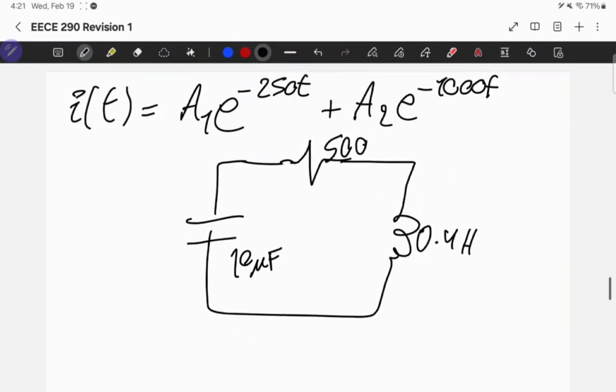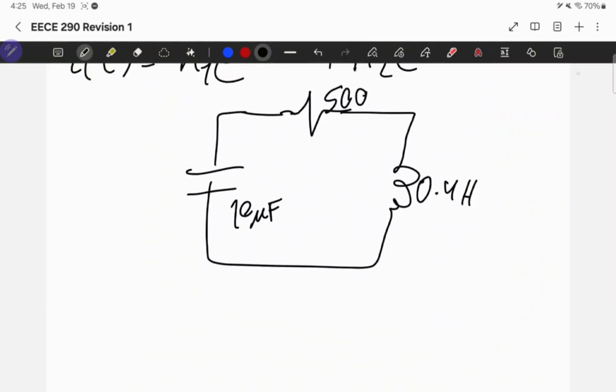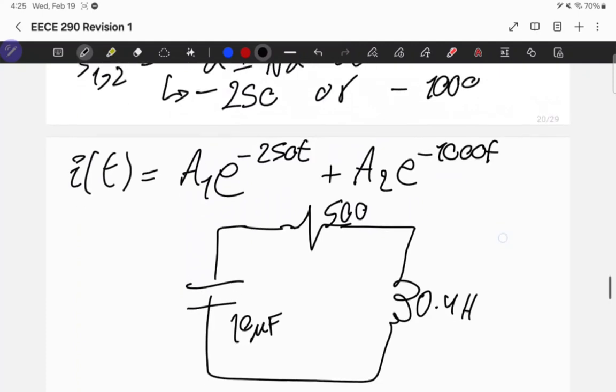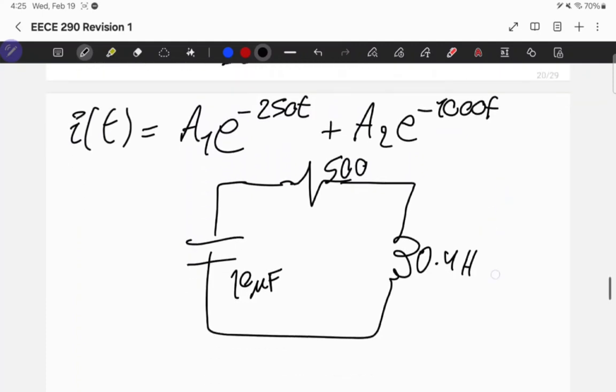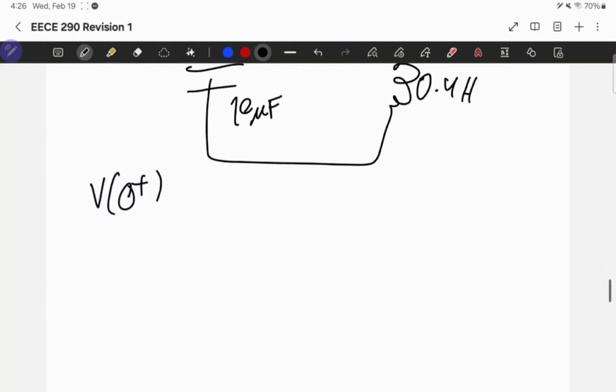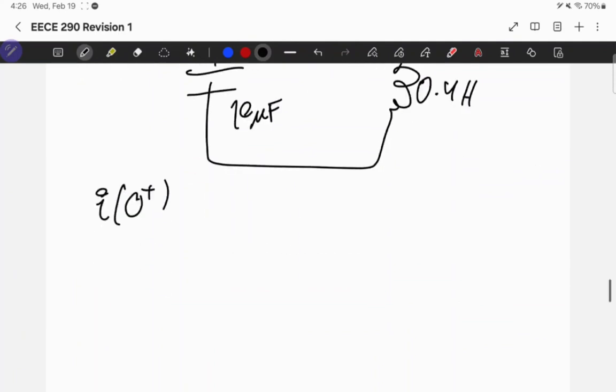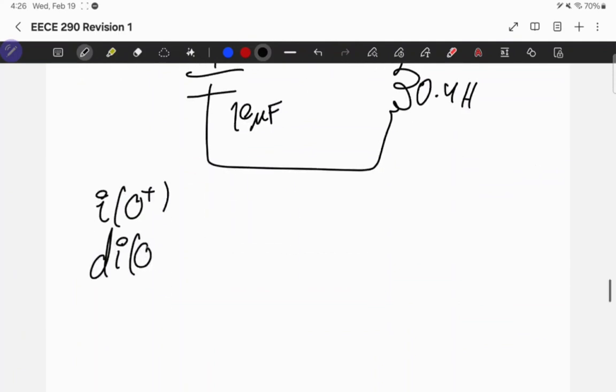Now I need to get the constants A1 and A2. So my circuit looks like this. The way I get them is from I at 0 plus, and the derivative di at 0 plus by dt.